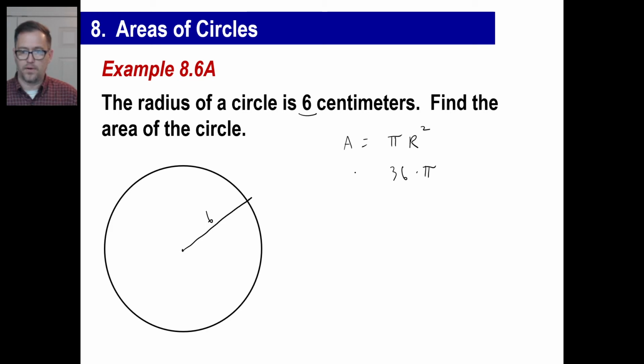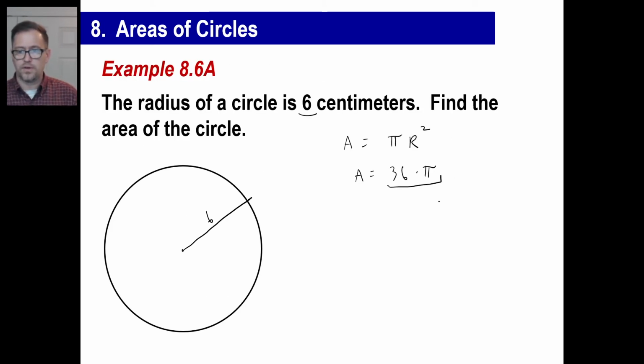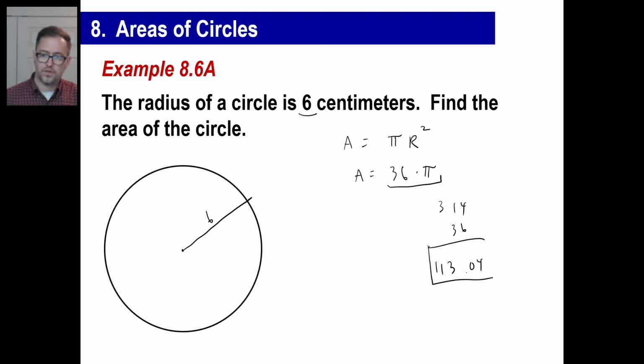I'll use a little dot there instead of an x. And how much is pi worth about? 3.14. So then you can do the arithmetic and go 3.14 times 36. Do your decimals, boom, you got it, which is going to be 113.04. Approximately. That's good enough for our purposes. All right, there you go.